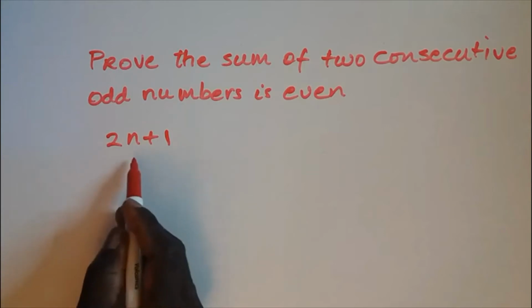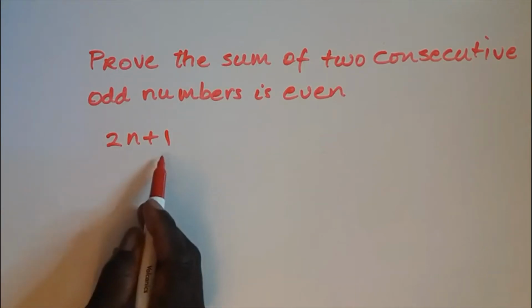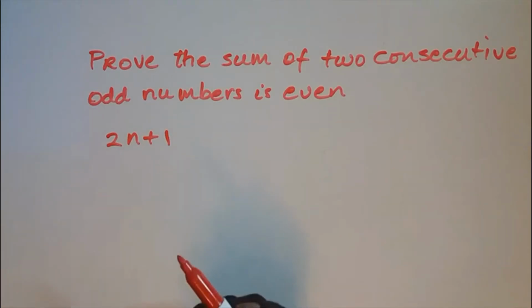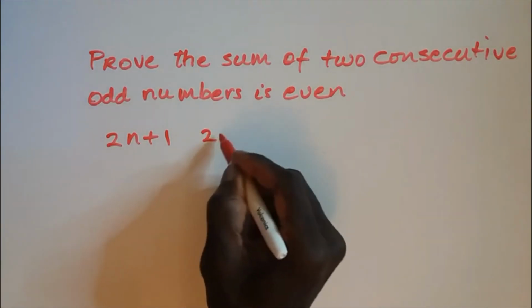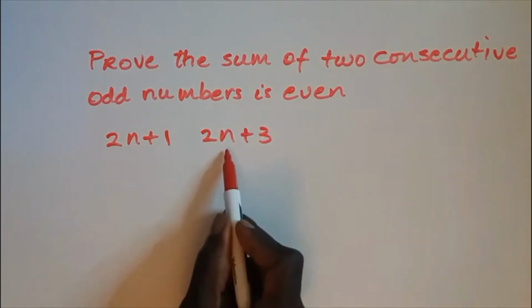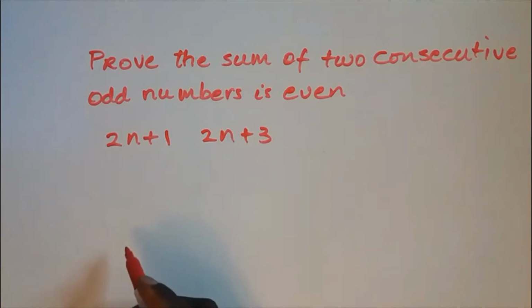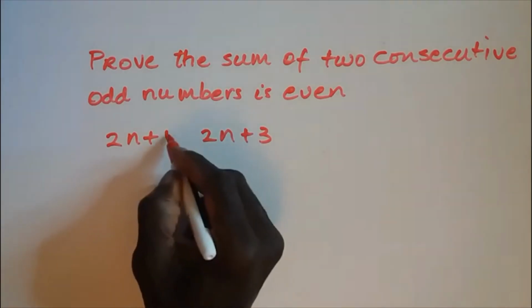So for instance, if n is equal to 0, then this would be the first odd number, 1. And if we use the next odd number to be 2n add 3, here this will be equivalent to 3 if n is equal to 0.